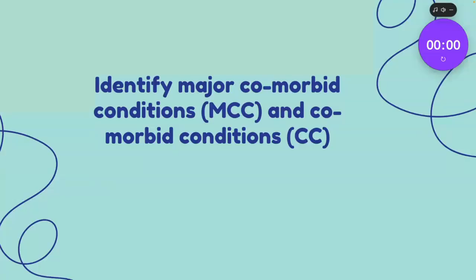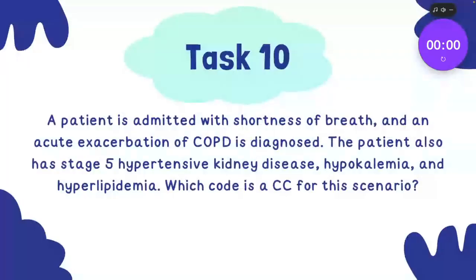A patient is admitted with shortness of breath and an acute exacerbation of COPD is diagnosed. The patient also has stage 5 hypertensive kidney disease, hypokalemia, and hyperlipidemia. Which code is a CC for this scenario?